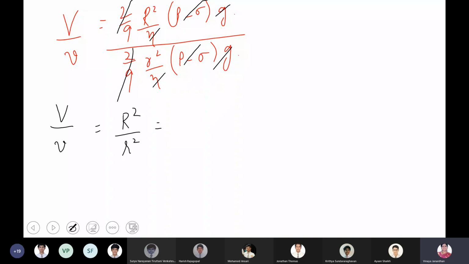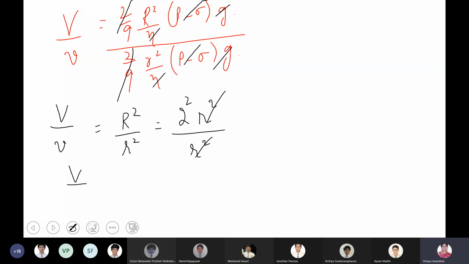So from equation 1, what was your R? Capital R was 2 times r. Correct, boys? Yes, ma'am. So 2 squared r squared.